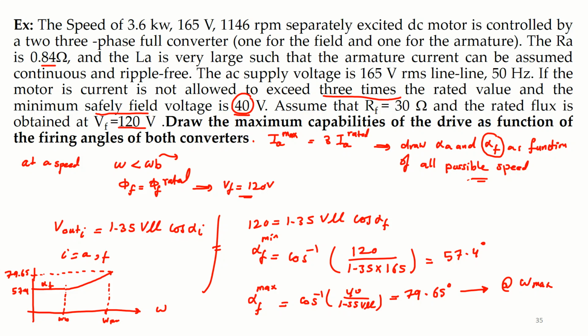And to do so, the first thing we must find is the rated current. So how can we do that? Let's see what's given here. The first thing which is given is the speed and the output power. So from here we can calculate the rated torque. TE is equal to P out over omega.